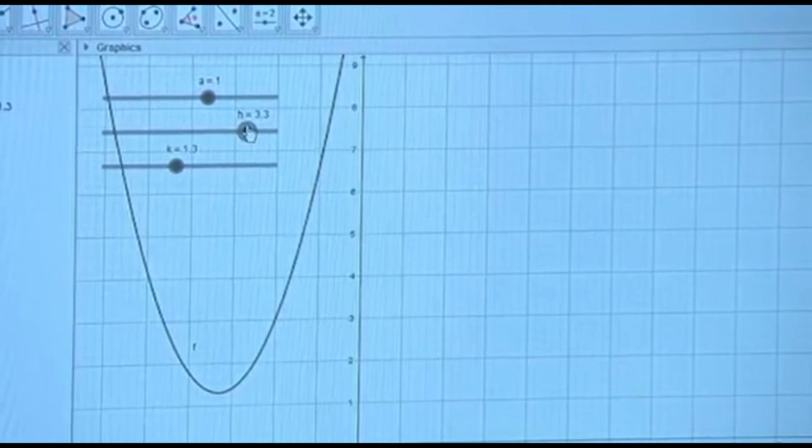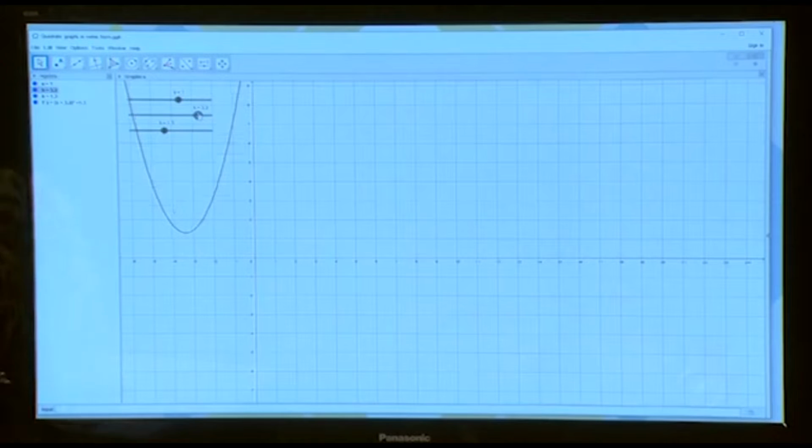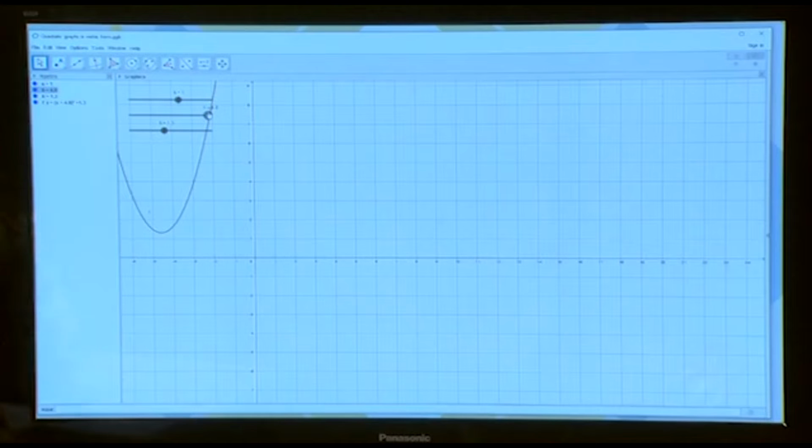Well, it looks like it's moving to my left. To your left, my right? It's moving to the left. That's right, my right, because you're facing that way. Yes, so we have to do it so the viewers can understand. So my H value is getting positive, and so my graph, as I'm looking at it, is moving to the left.